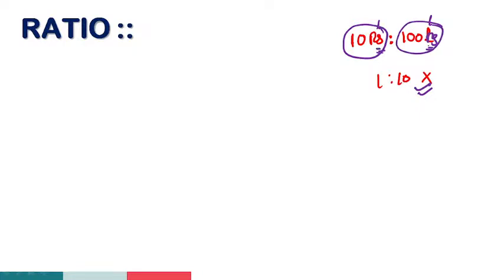Two quantities of the same units compared is called the ratio. It means similarity, guys. So for A comma B, the ratio is A is to B, or A by B, which is the same.